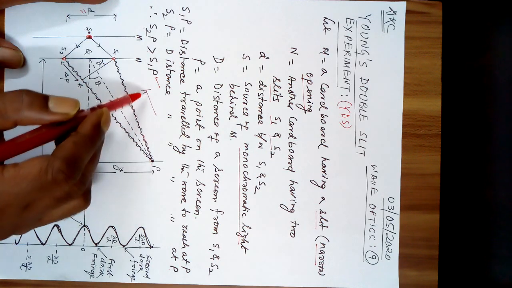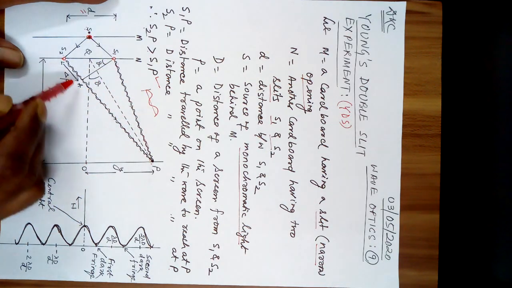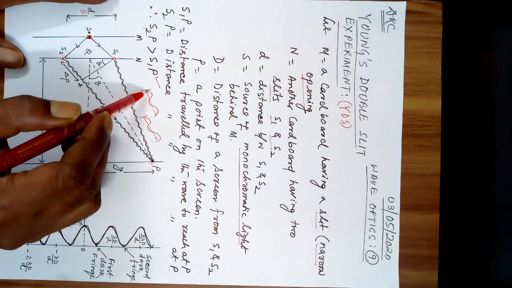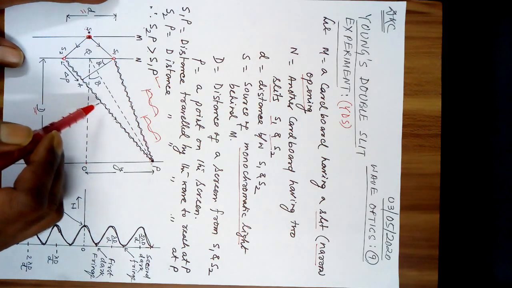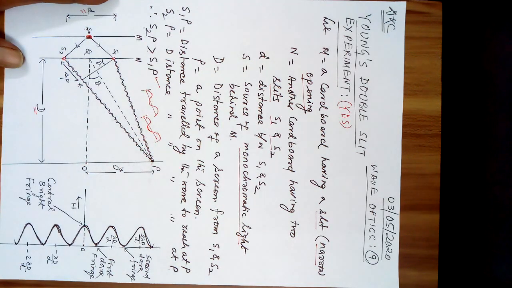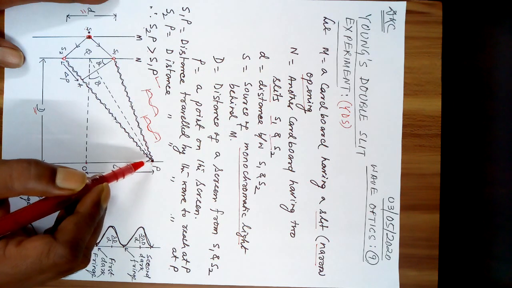This is the wave traveling from here, this is the other wave traveling from here. Now which part of this wave, this part or this part or this part, is combining with which part of this wave? Accordingly we'll find out whether this point is a bright spot or a dark spot.